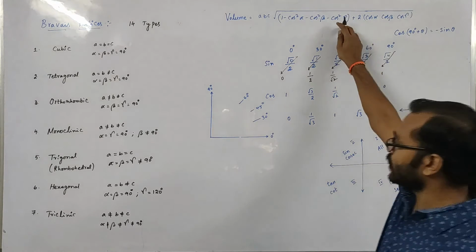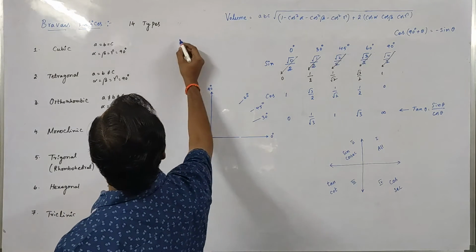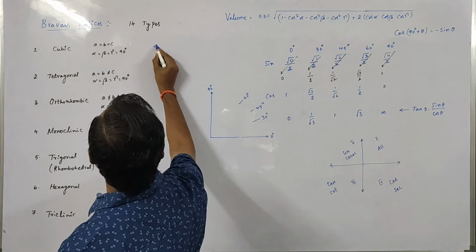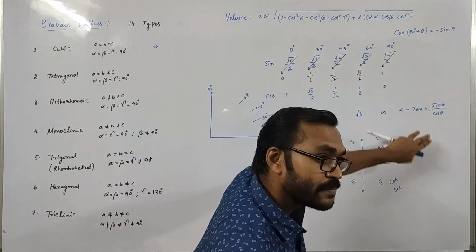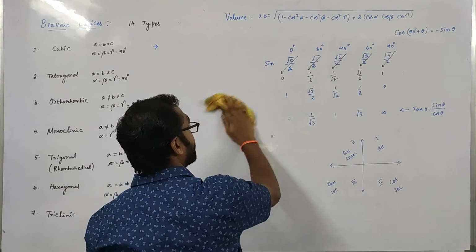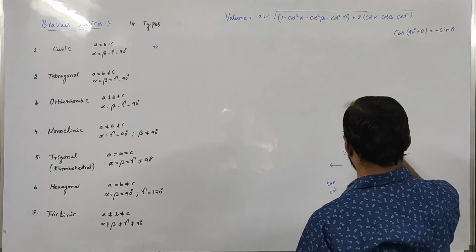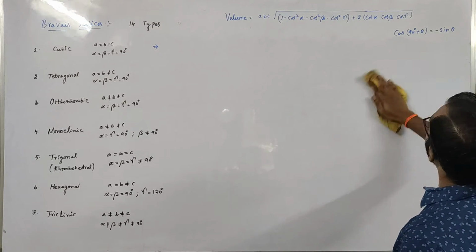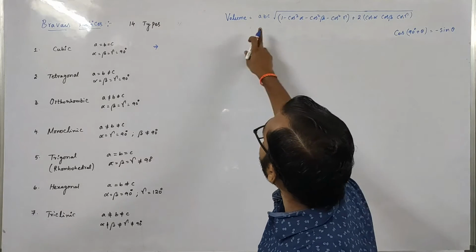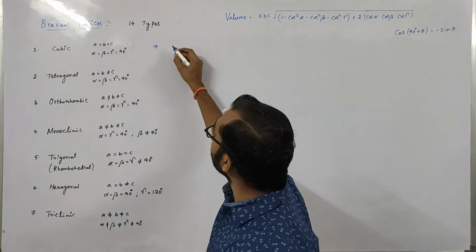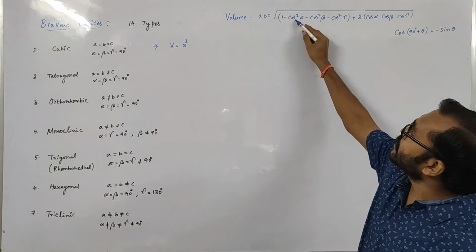Now, by using this formula, what is the volume of a simple cube? A equal to B equal to C, so volume is A cube times under root 1 minus cos square alpha.